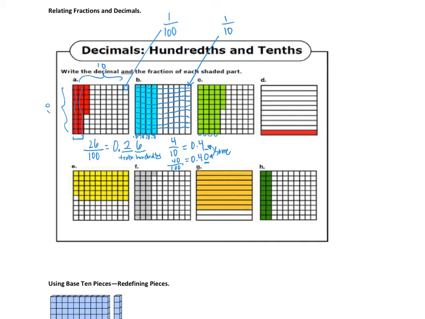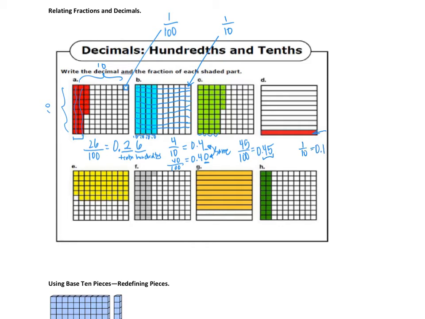That's 40 plus 1, 2, 3, 4, 5. So I have 45 hundredths, which is 0.45 if we write it as the decimal. But again, we read it as 45 hundredths. This one, they kind of split it horizontally, but it's still just one of the 10 pieces, so that's going to be 1/10. So we'll write that as 0.1.